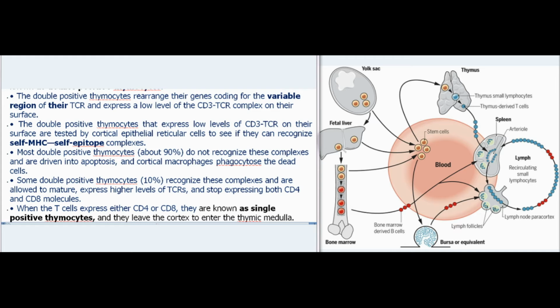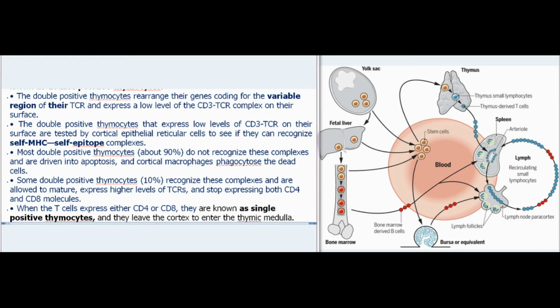The double-positive thymocytes rearrange their genes coding for the variable region of their TCR and express a low level of the CD3 TCR complex on their surface. They are tested by cortical epithelial reticular cells to see if they can recognize self-MHC self-epitope complexes.